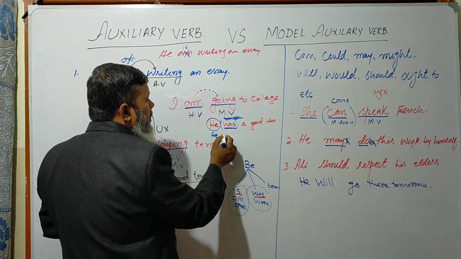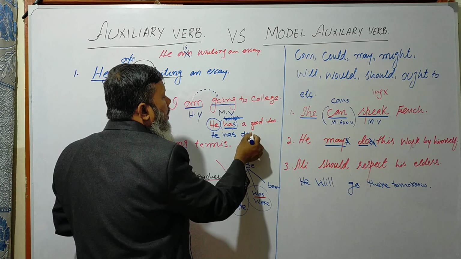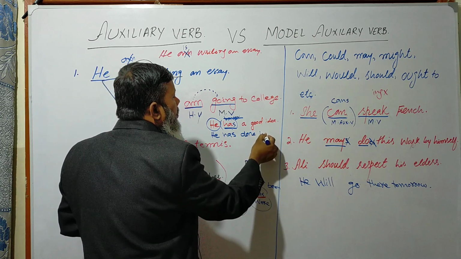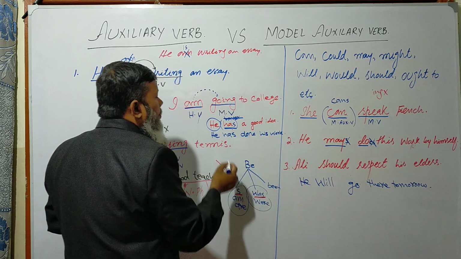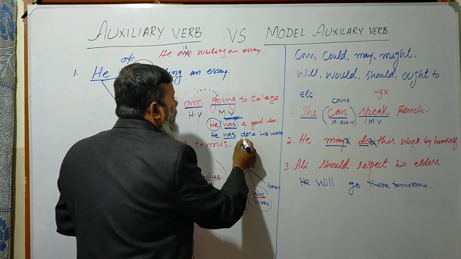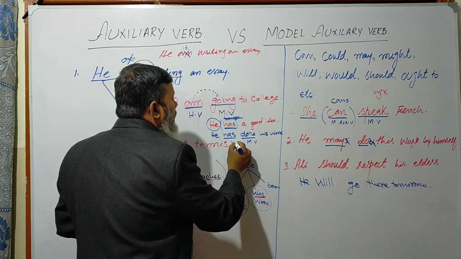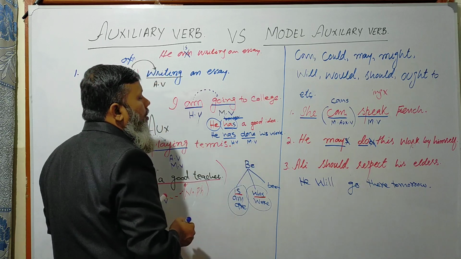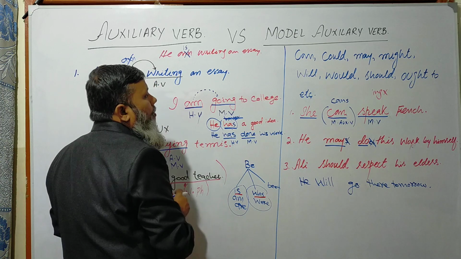If you want to make it an auxiliary, look: he has done his work. Now it is an auxiliary verb. Why? Because we have the main verb done here, so it is a helping verb, an auxiliary verb, and it has an S form.